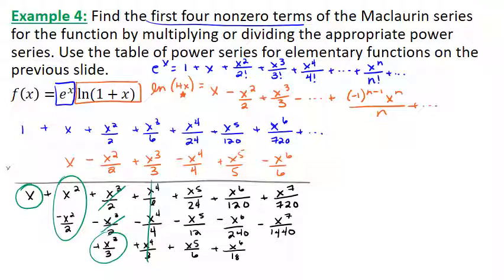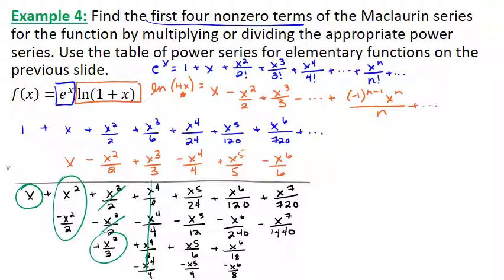Okay, so now if I multiply these, this will cancel. This times this will cancel those out. Sorry. Okay, so now I'm going to take this times this to get what we just canceled. This times this to give me a negative x to the 5th over 4 minus x to the 6th over 8, so on and so forth.